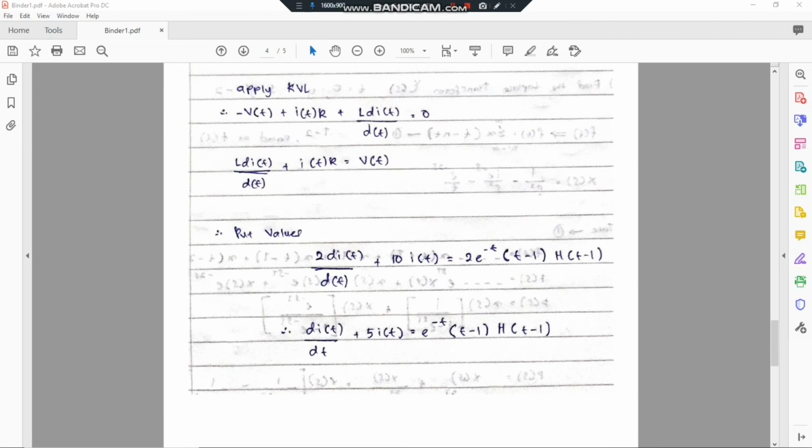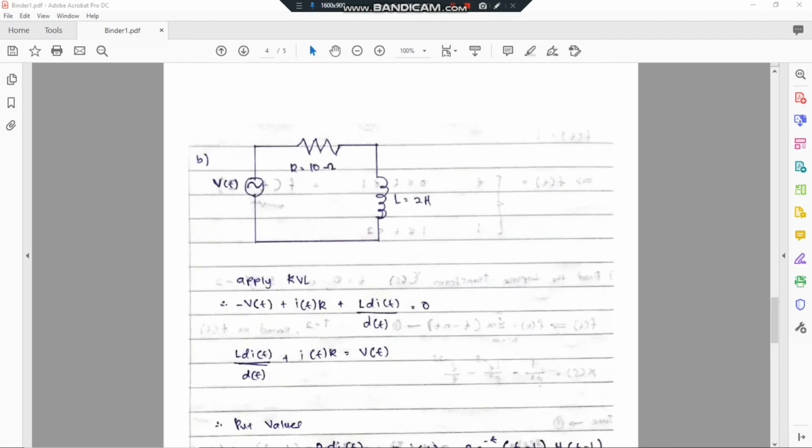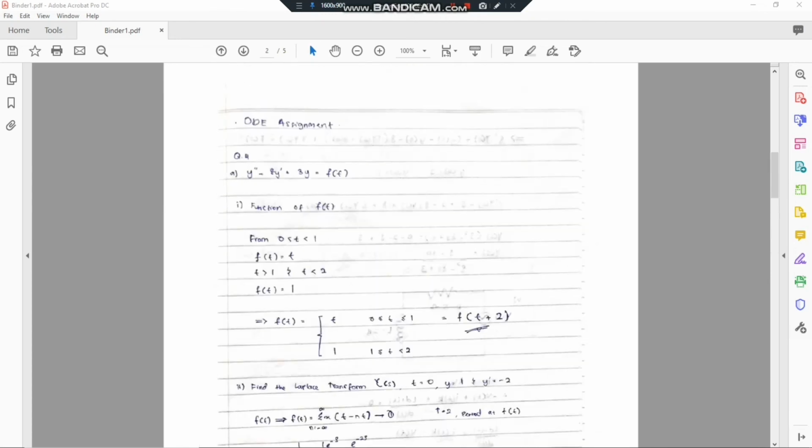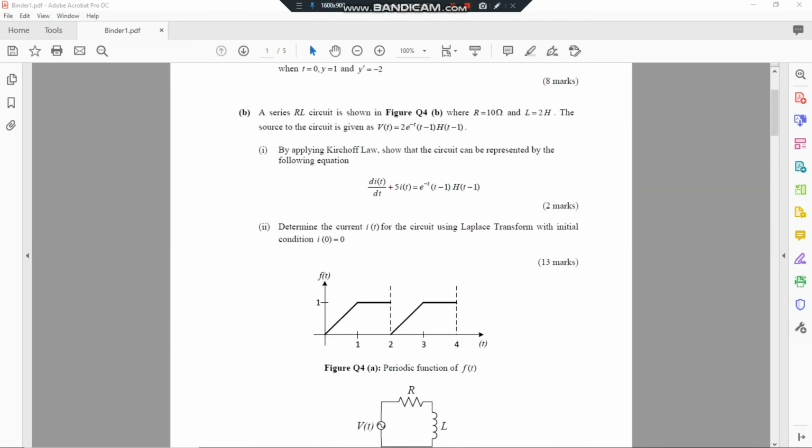After I simplify, I got the final answer: di/dt plus 5i(t) equals e^(-t) times Heaviside (t minus 1). For my answer, I represented it on the circuit like this.